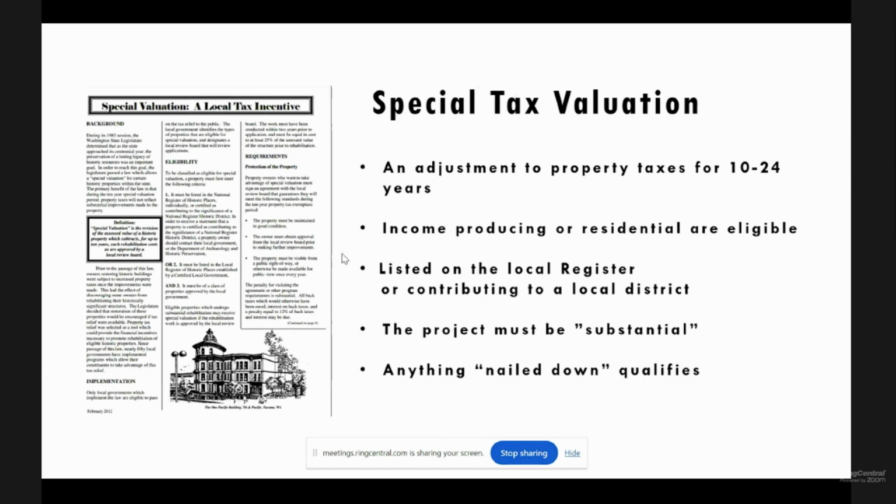So again, I'm not going to go into great detail about this. It's a lot of math and it's kind of confusing. I just want you to know that special valuation is something that you can offer to people that are listed on your local register. So this special valuation is like a carrot to incentivize people to list stuff on the local register, on the Oak Harbor Register.